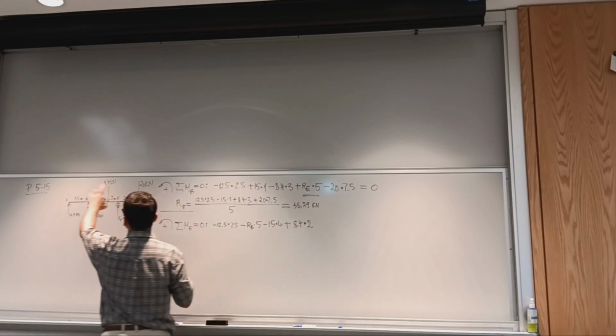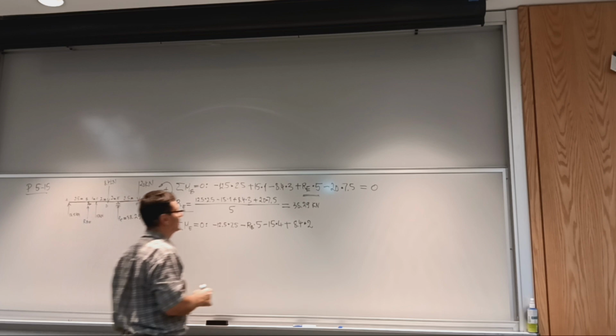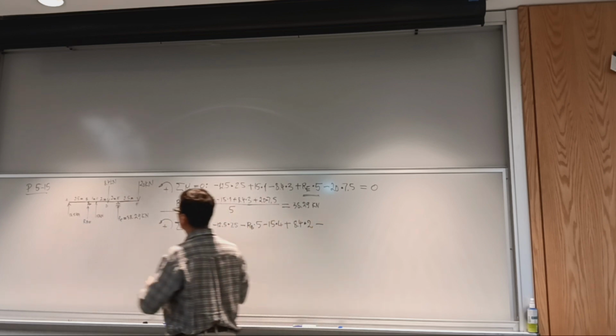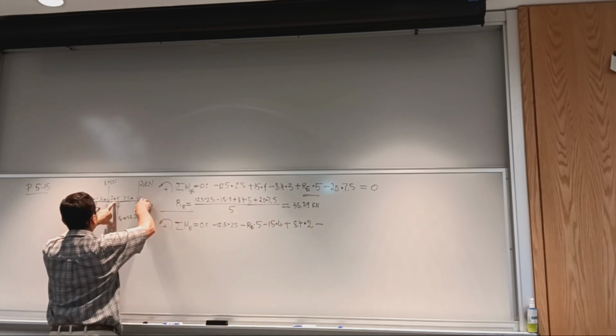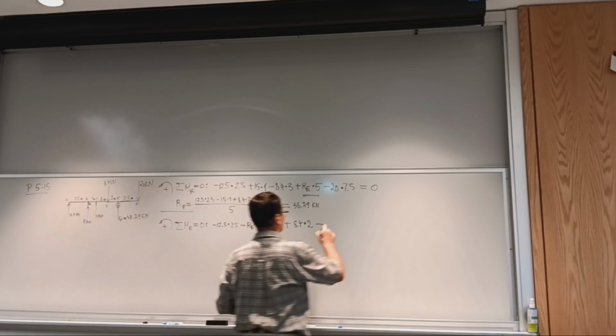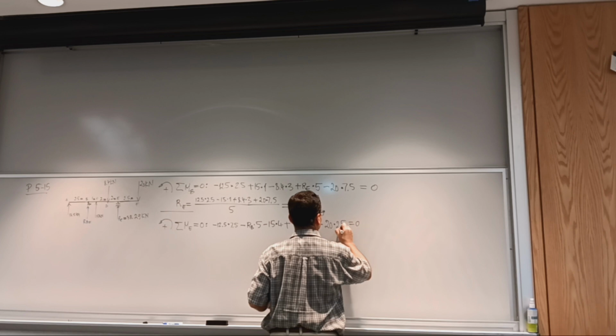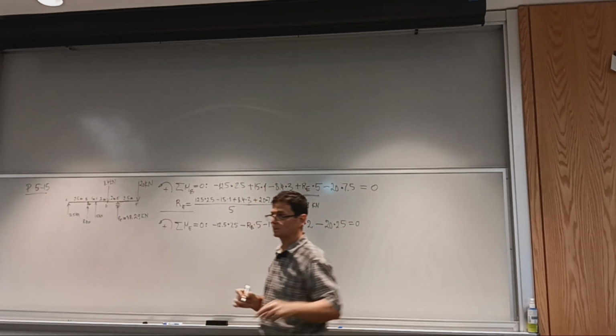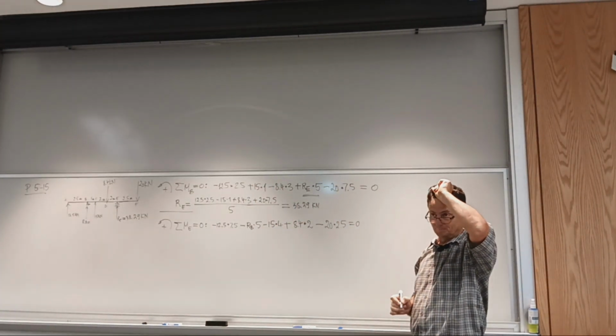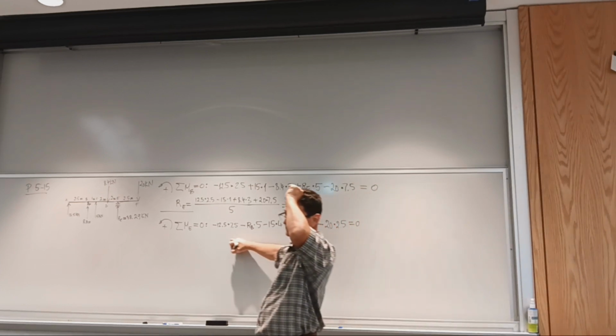All right, so that's a positive moment. And then I have yet another negative moment. I move now right of the support, so it's 20 times 2.5. Equals 0. If I missed anything, it will show up when summing forces.